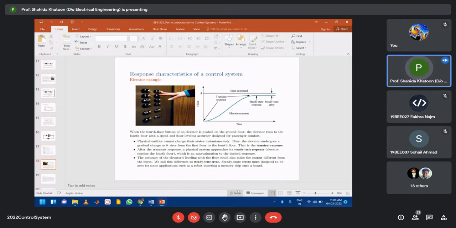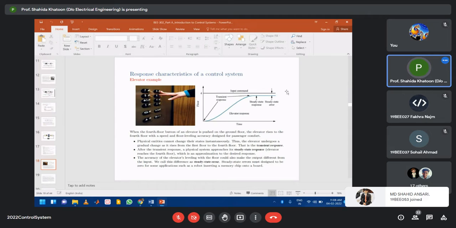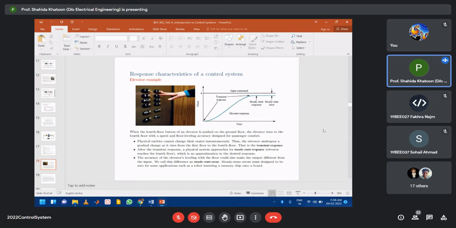Okay. So the physical entities cannot change their states instantaneously. Thus, the elevator undergoes a gradual change as it rises from the first floor to the fourth floor, right? So it is a gradual change. That is the transient response. So from here to here, from 0 to this point, it is called the transient response, right?